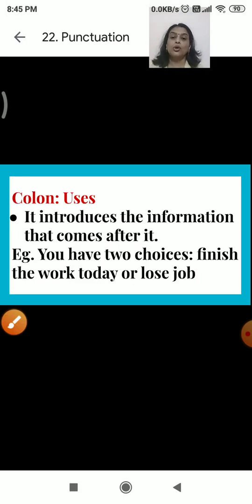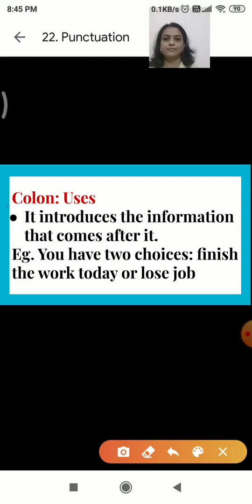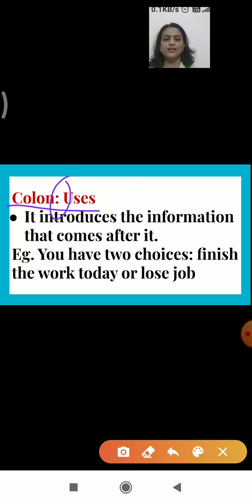Now the colon, the uses. It introduces the information that comes after it. Here also you can see in red I have written colon, and then I have used this mark here. After the colon I have put those two dots, which tells that there is some information about that particular word afterwards.